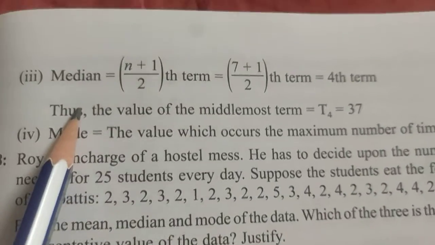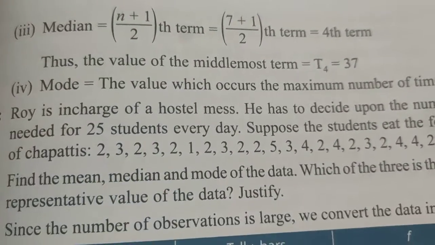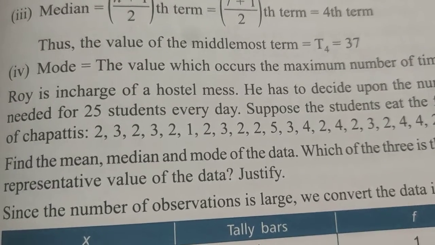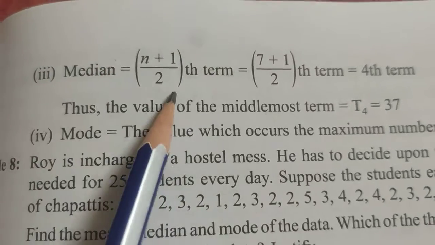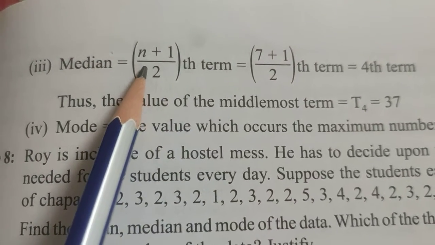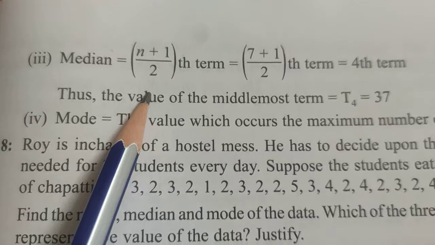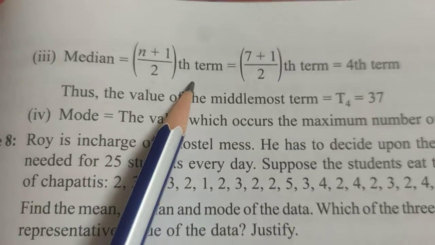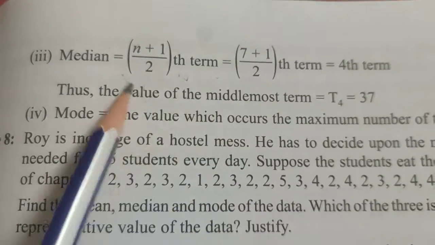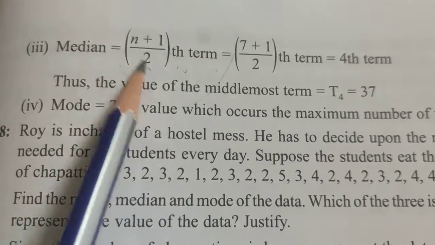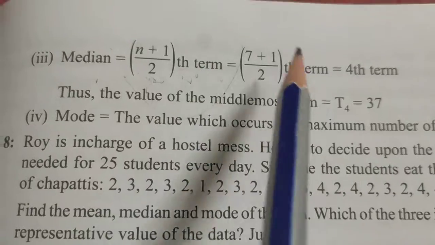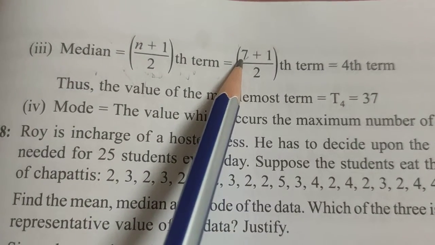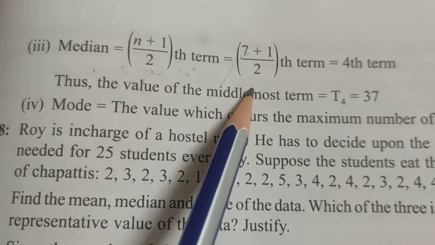Now let's come to median. Median, we know, since it is told that this is by 7 students, so it is an odd number. So the median formula which we will use is (n plus 1) by 2. And this term will be the median, not this number, this term will be the median. So n is 7, that is n is the number of observations, plus 1 divided by 2.